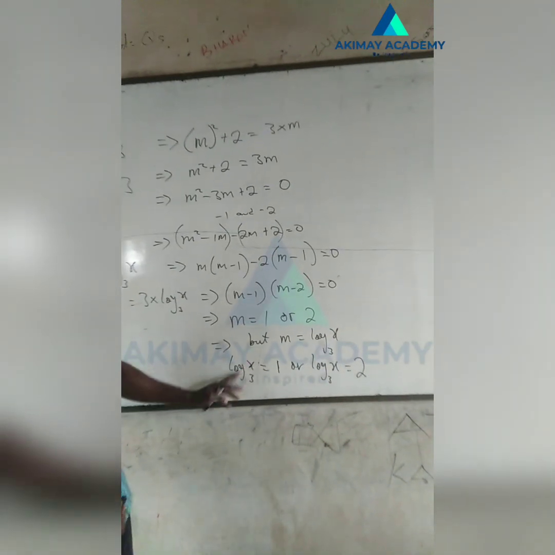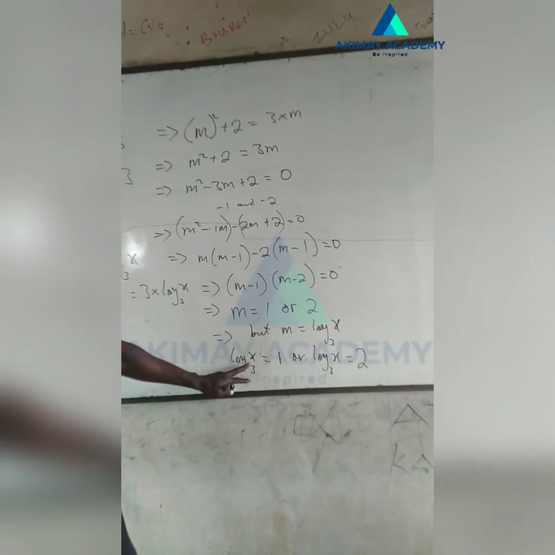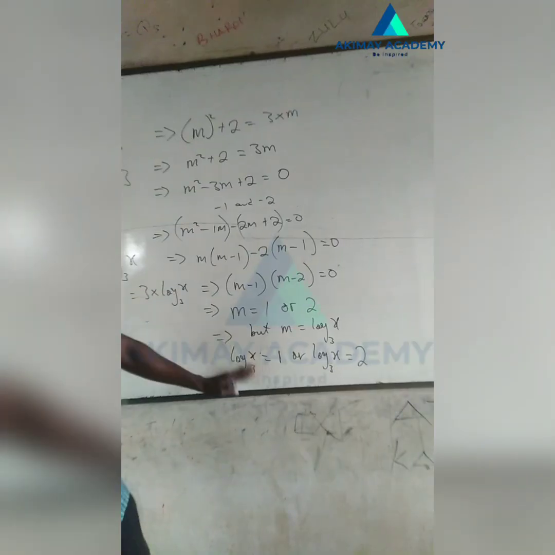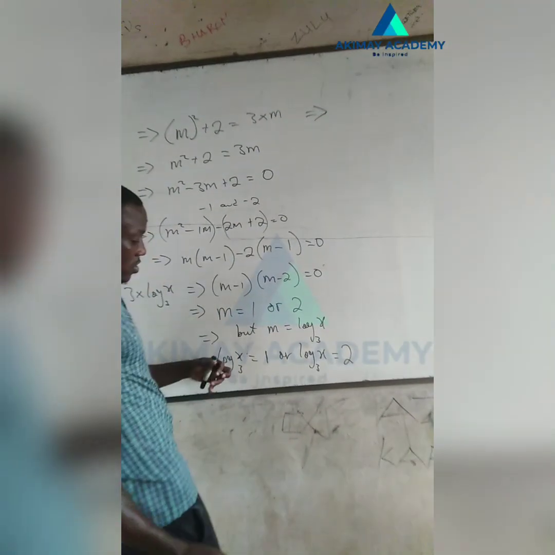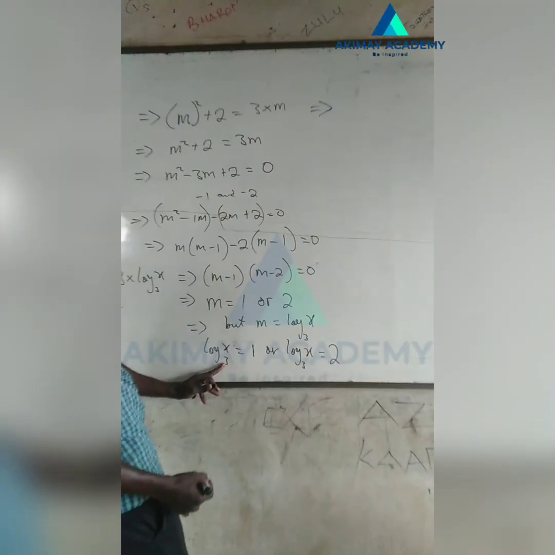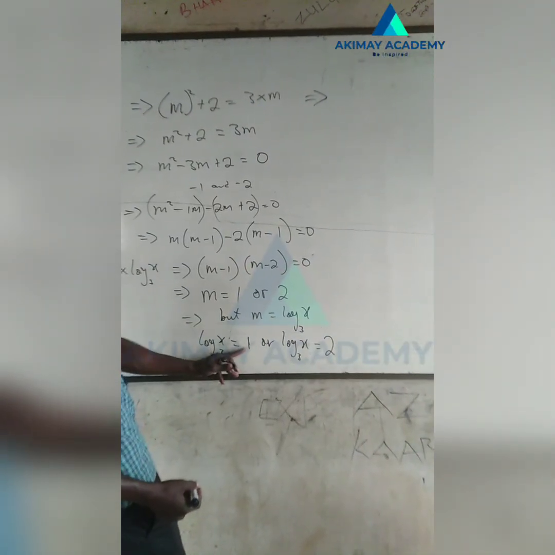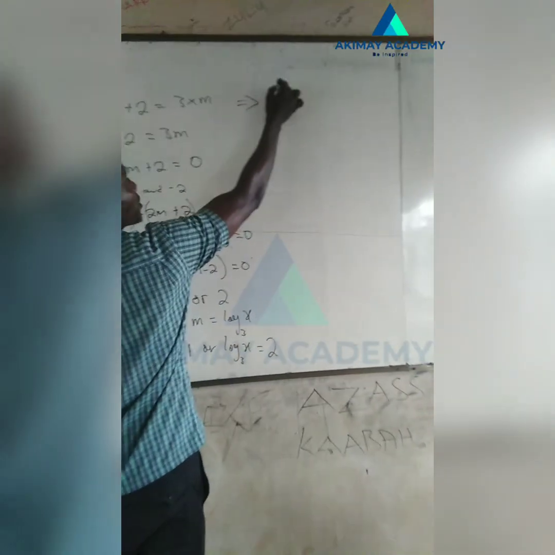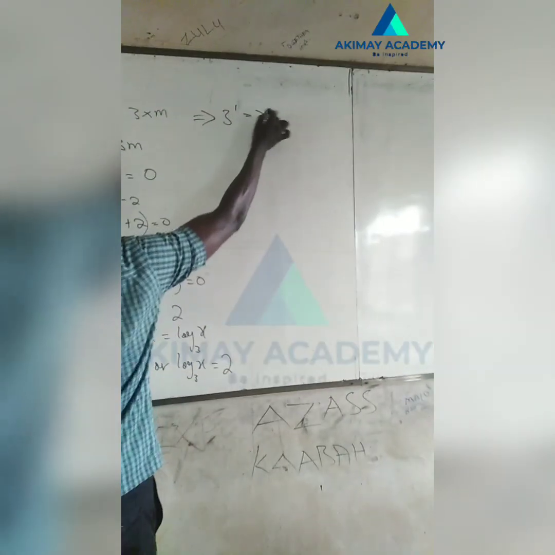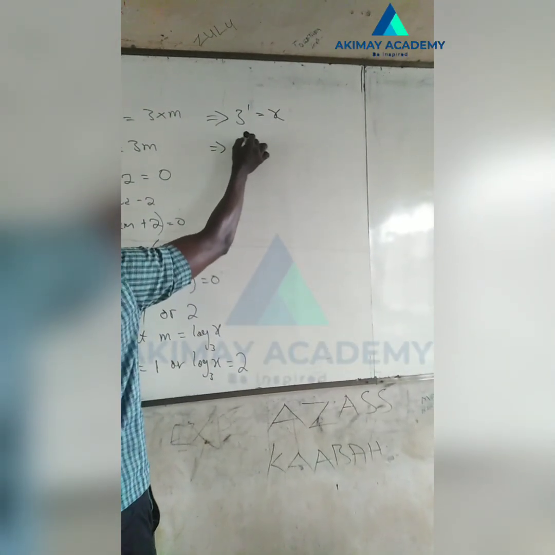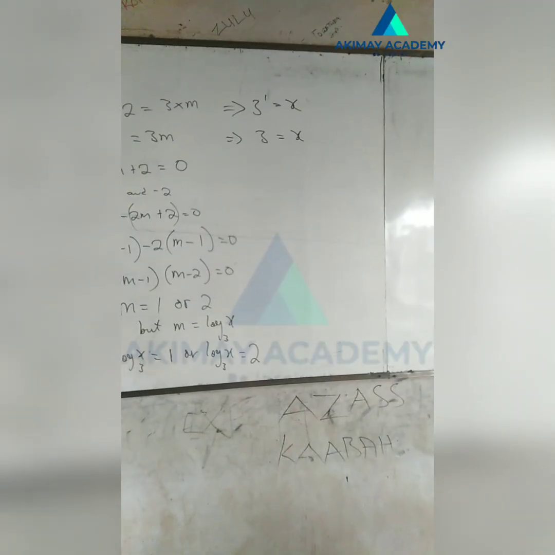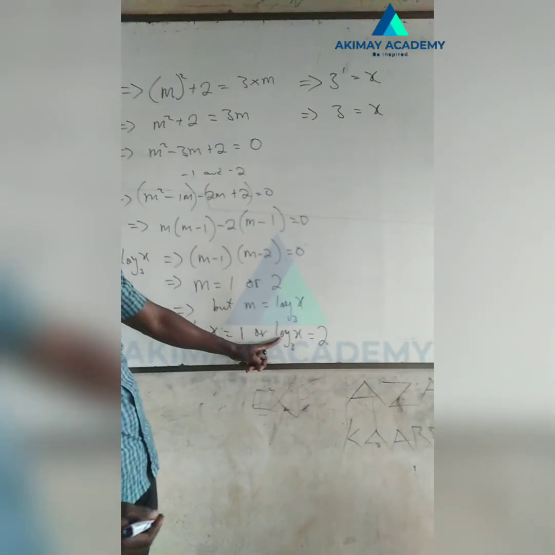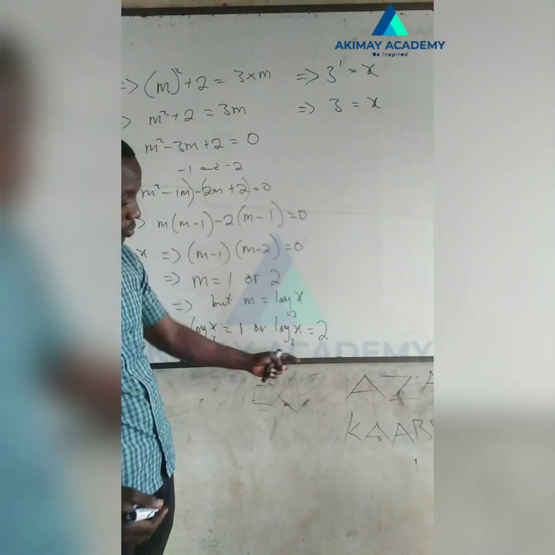So here we are looking for x. So here we can convert them to indices. To convert this one to indices, we are going to have the base 3, exponent 1 equals x. So 3 exponent 1 is equal to x, and 3 is equal to x for the first part. Then if you look at the second part, we have log x to the base 3 equals 2.